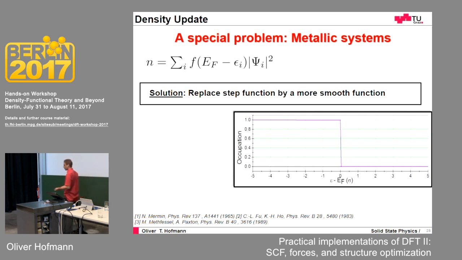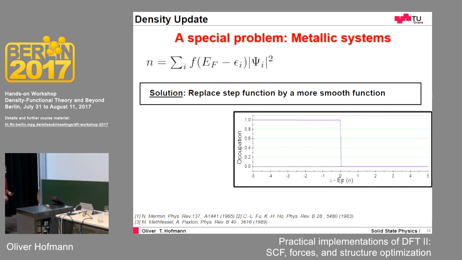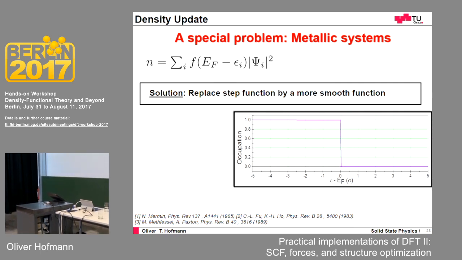And every time you solve the self-consistent field, you might start to occupy slightly different orbitals or slightly different states at different k points. And that leads to probably not a noticeable change in electron density, not a noticeable change in the total energy, but it's still too large to actually achieve convergence.